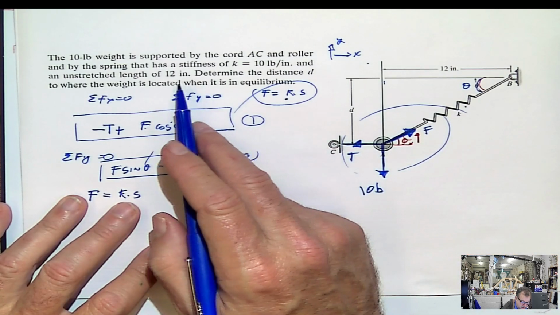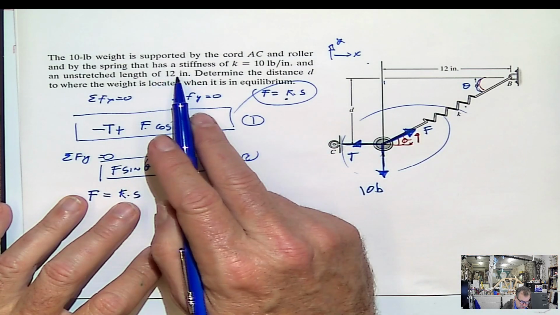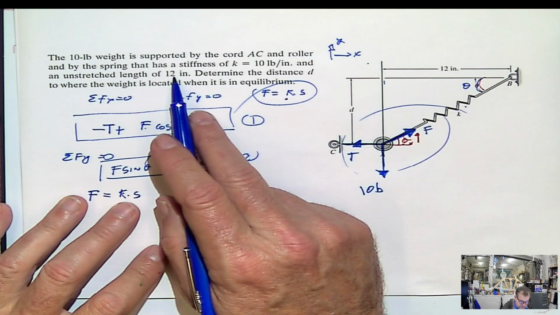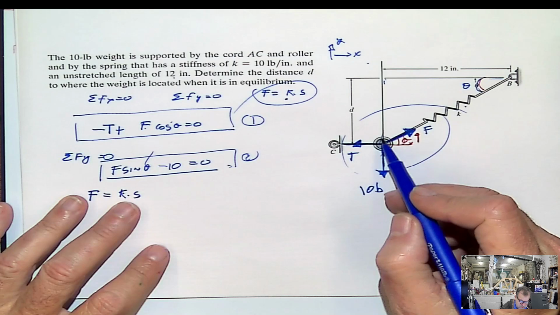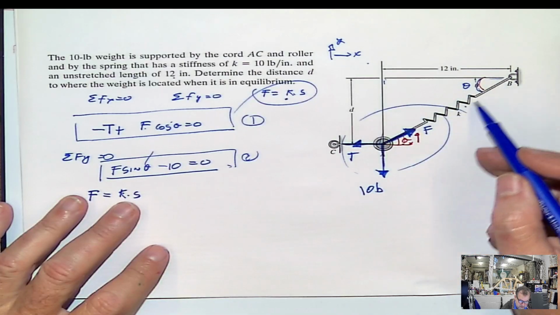I have the unstretched length. Unstretched length is 12, and I have the final length. This is the final length.